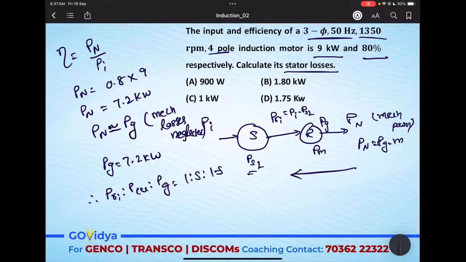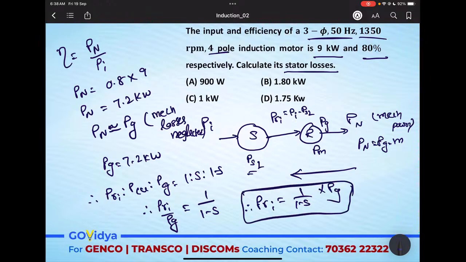Now we need to calculate the rotor input power. Rotor input power to gross mechanical power will be 1 by 1 minus s. It can be written as rotor input power equal to 1 by 1 minus s into Pg. Let's take it as equation 1.